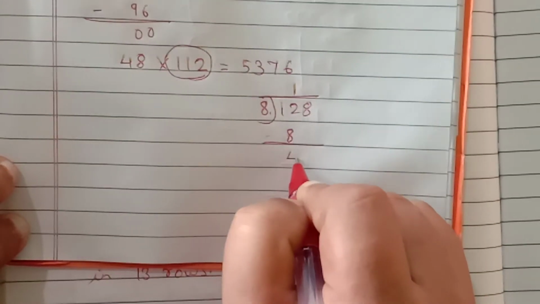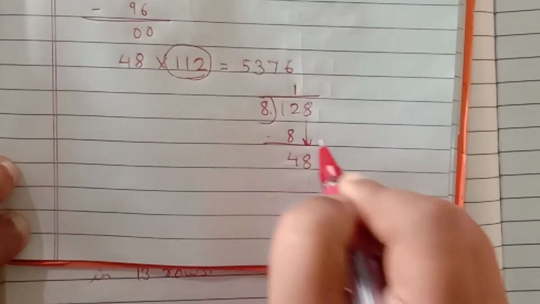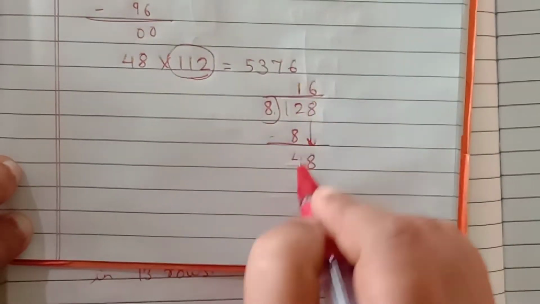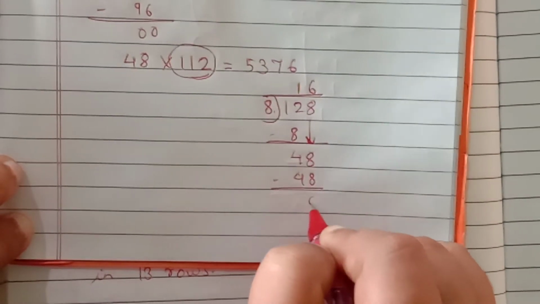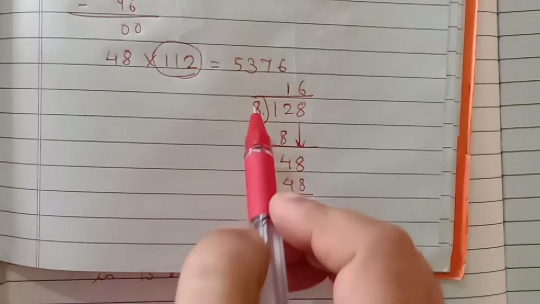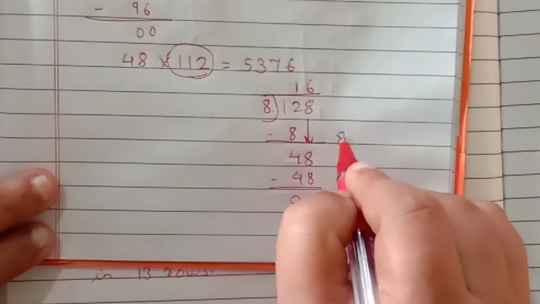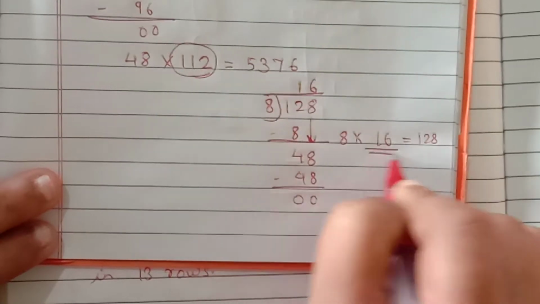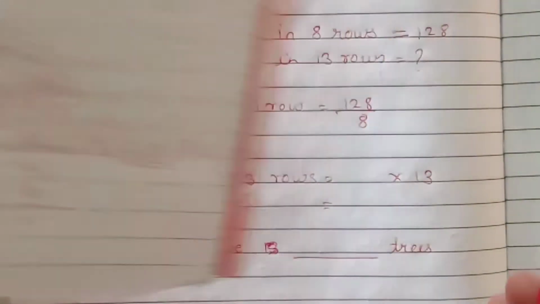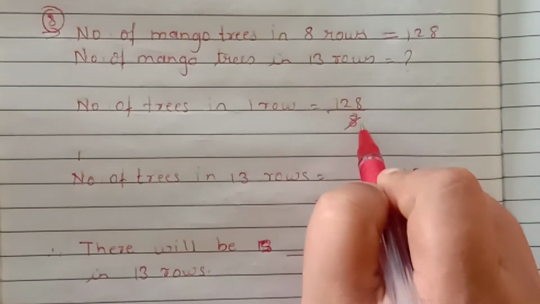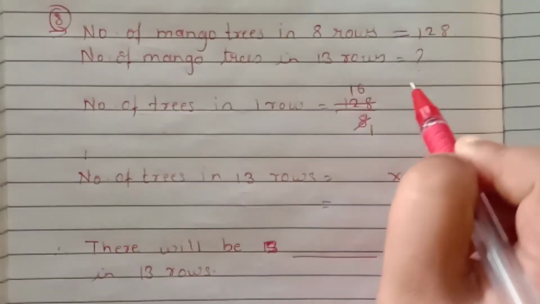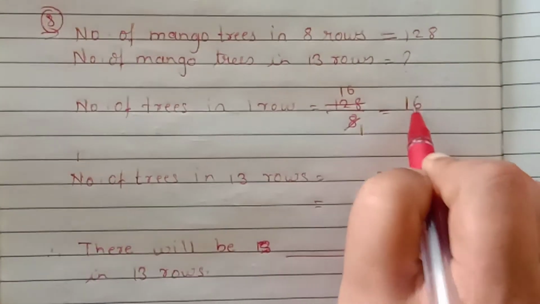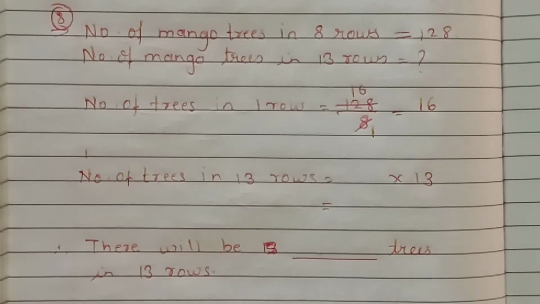What will remain? 4. Correct. And I will take the 8 down. 8 sixes are 48, means it is divisible. Yes. So 128 divided by 8 is 16. So what we can write here? 8 ones are 8 and 8 sixteens are 128. So the number of trees in 1 row is how much? 16.